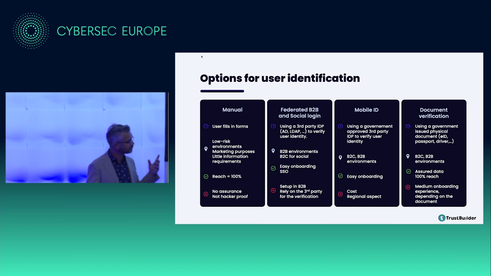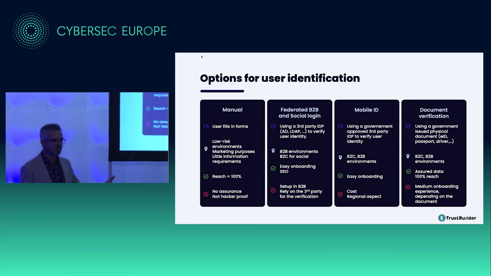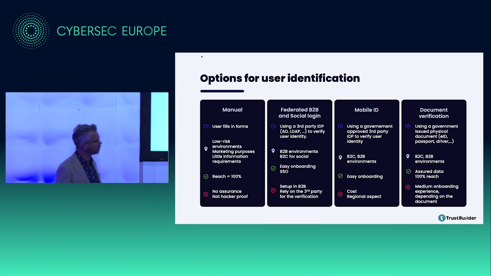The downside of that is the cost, because there always is a pretty large cost, especially in B2C environments. And it's also very regional. So you have itsme in Belgium, okay, they're expanding outside. You have to use eDentity in the Netherlands, BankID in Sweden.